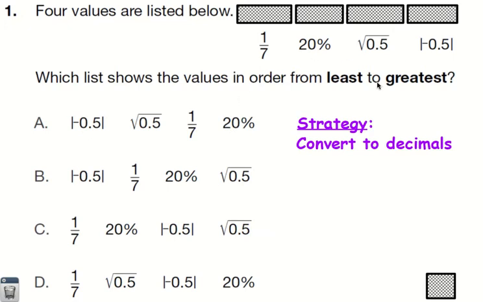Because you're trying to put them all from small to big and compare them, and the easiest form to compare values is in decimal form. So this is literally 1 divided by 7, and so that's the approximate decimal. 20% as a decimal is 0.2.